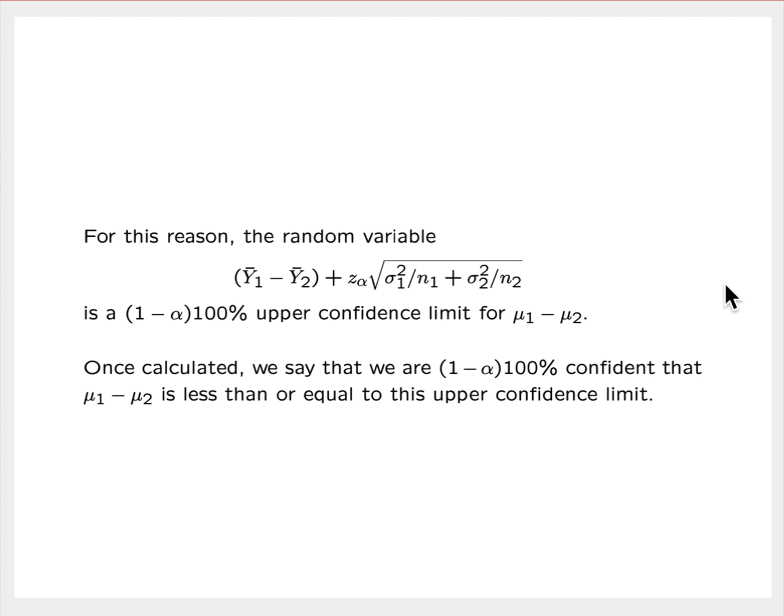And so we call this random variable a 1 minus alpha times 100% upper confidence limit for the difference in population means mu1 minus mu2. Now, once we have our data, we calculate this upper confidence limit. And the way that we interpret this is by saying that we are 1 minus alpha times 100% confident that mu1 minus mu2 is less than or equal to this upper confidence limit.